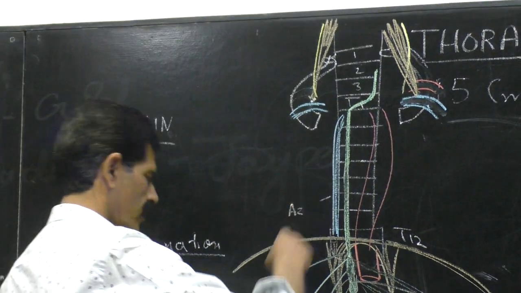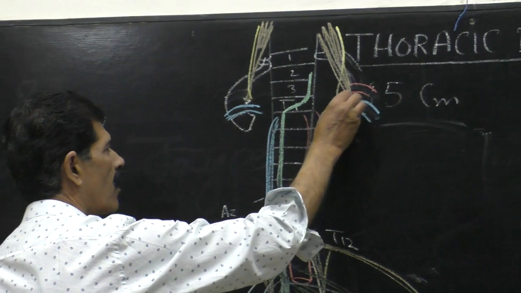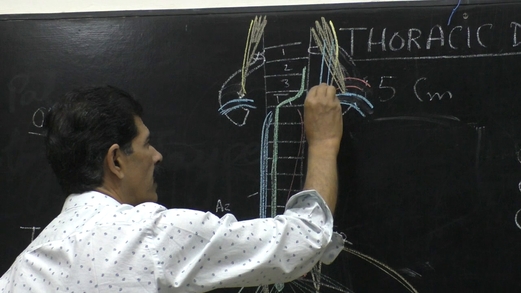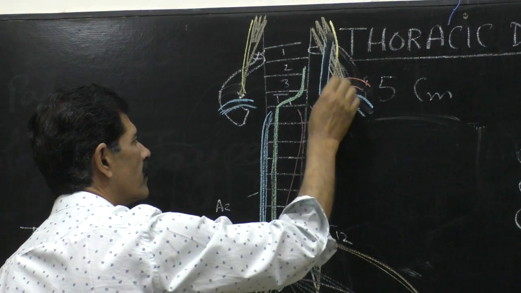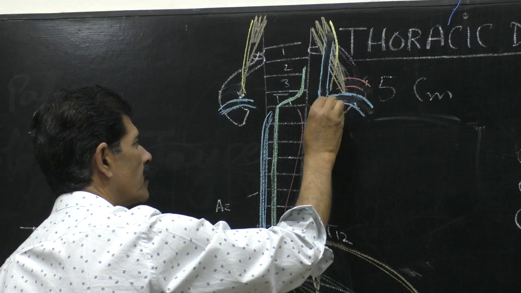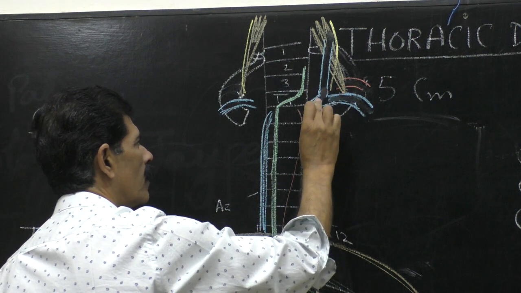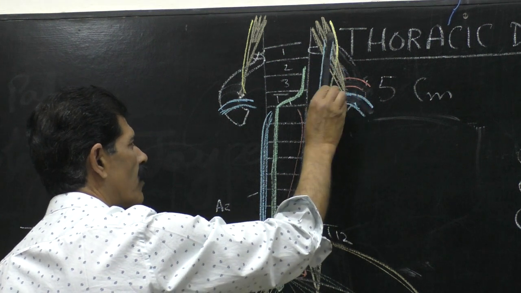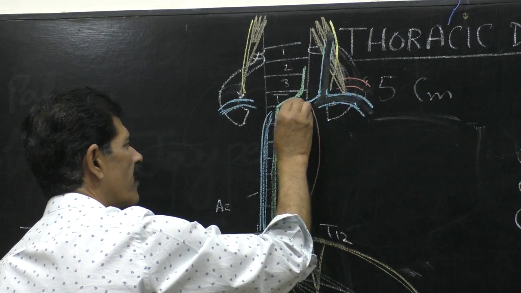This thoracic duct will end into the junction of the left internal jugular vein and left subclavian vein. As you know, the left internal jugular vein and left subclavian vein unite to form the brachiocephalic vein.